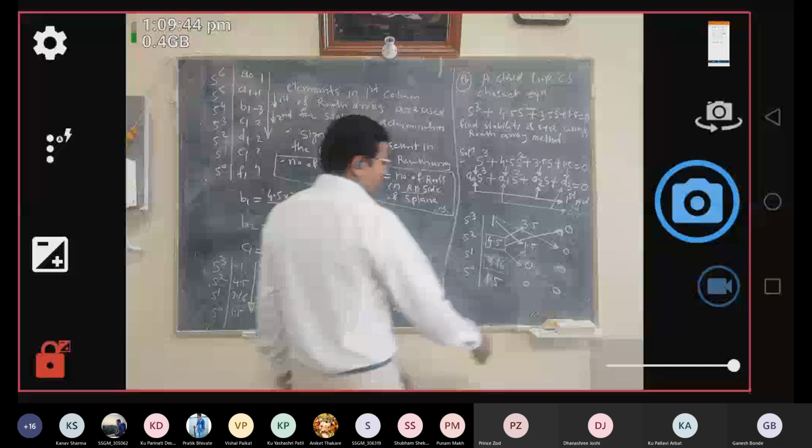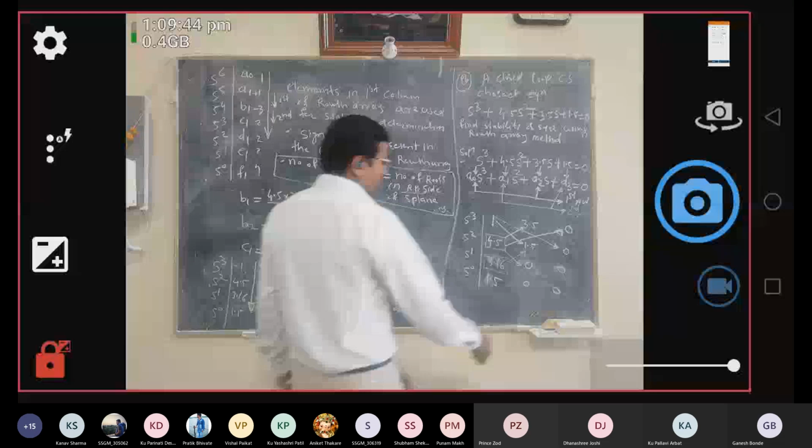To complete this table, the 1.5 above is the base element. So 1.5 into 2, in small letters I can write here, 1.5 into 2 minus 1 into 4 divided by 1.5.